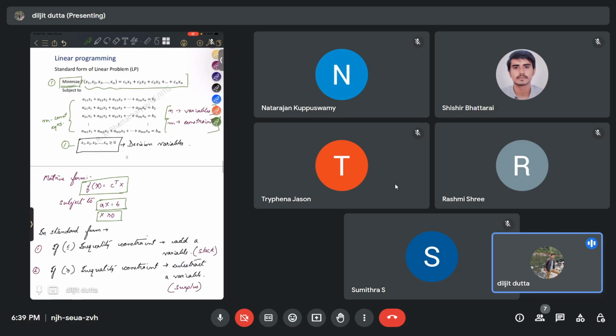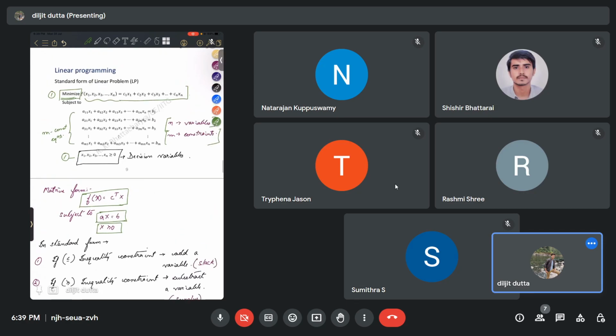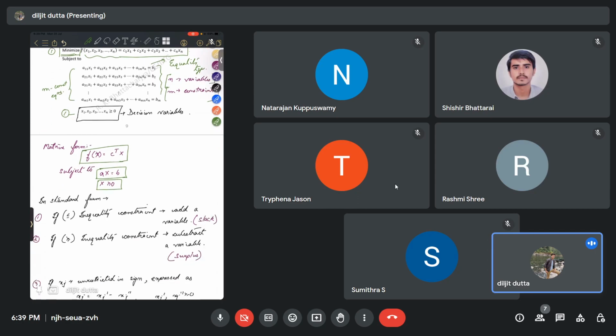So in the standard problem, the constraints are all equality type. If we have some inequality type of constraint, we will try to convert that inequality constraint to an equality constraint.